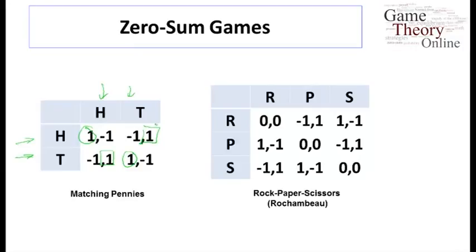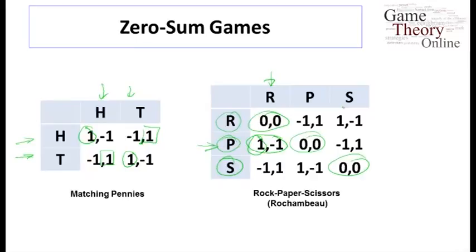Matching pennies, simple game. The game that you saw Yoav and I playing in our introductory video, rock, paper, scissors. That's a game where each player is choosing rock, paper, or scissors. If they both choose the same action, there's a stalemate, nobody wins. If the row player, for instance, picks paper, and the column player chooses rock, then the row player wins. 1, minus 1 is the payoff, etc. So rock, paper, scissors is a simple game.